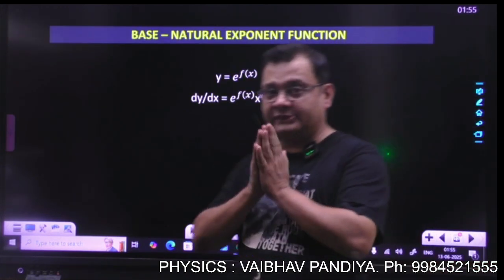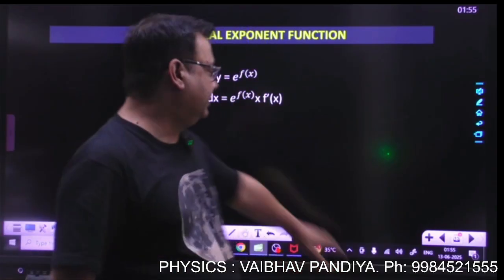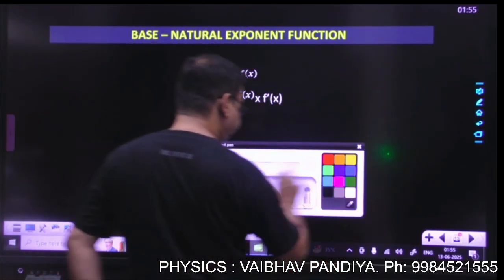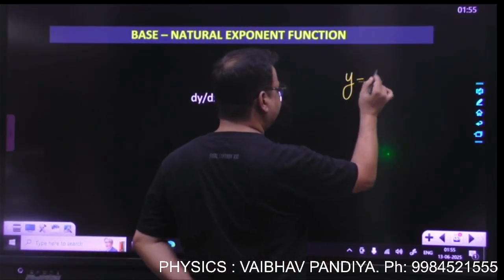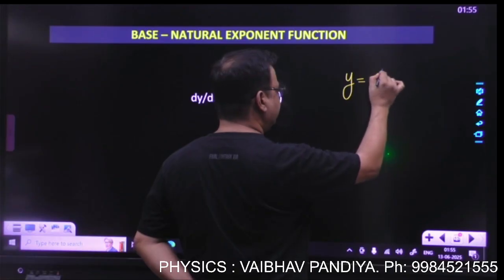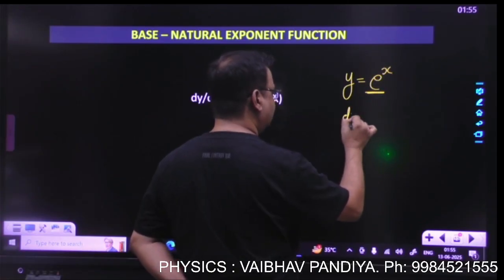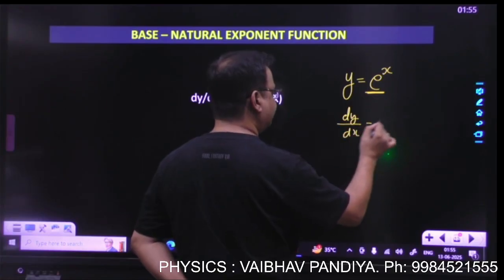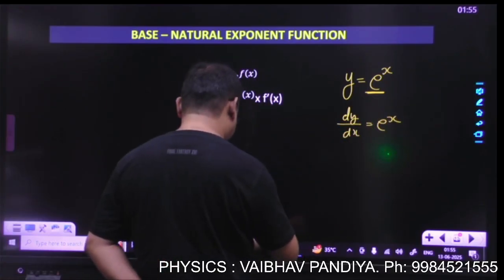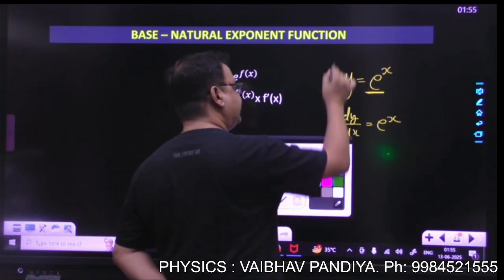Okay, now let's see type 3, the natural exponential function. So we have seen in the basic differentiation, if y is equal to e index x, e is the natural exponent base, Euler's number, then dy by dx is what? Same thing, e index x. That is something we covered in the basic lecture of derivative.